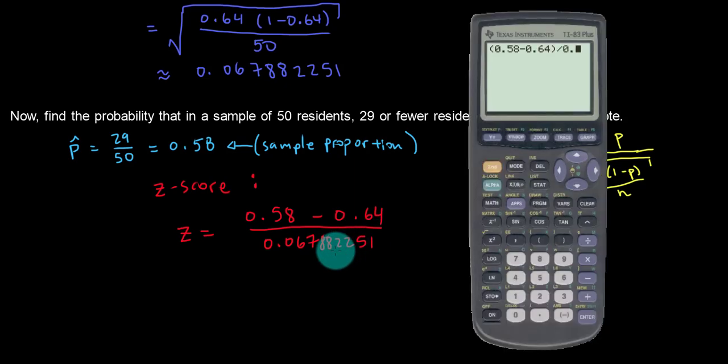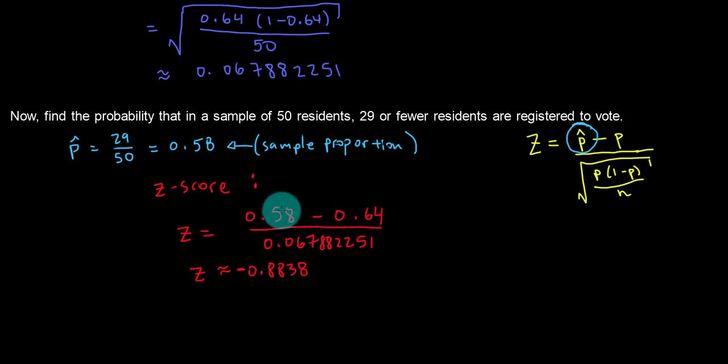Let's calculate this with our calculator. Our z-score is negative 0.8838. What I wanted to do a minute ago but had forgotten is I wanted to draw this 0.58 onto that image up above.